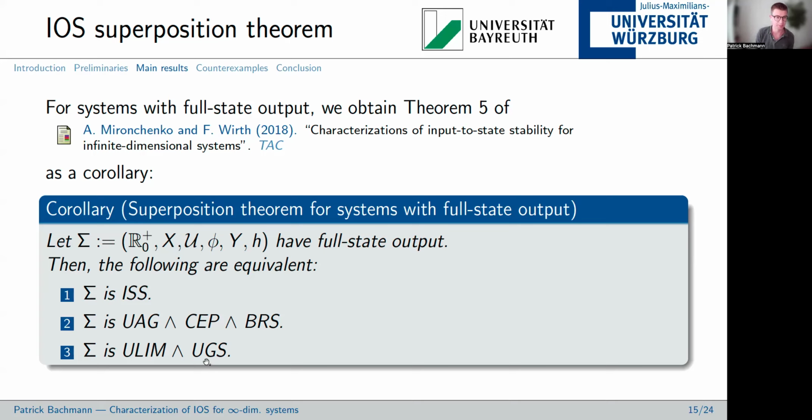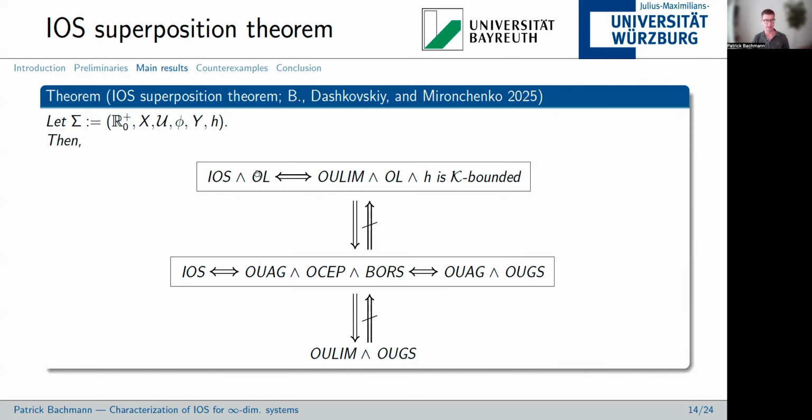The intuition behind it is that for ISS systems, the OL property is equivalent to the stability property on the state space, and then IOS already implies the OL property. But this is not true in general.